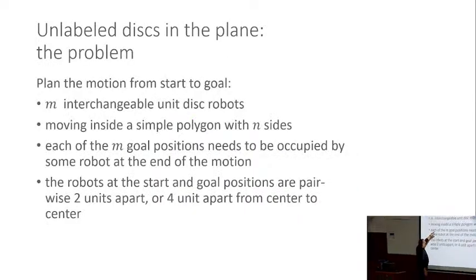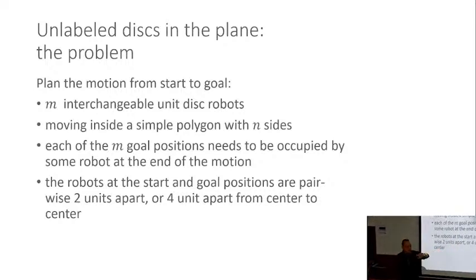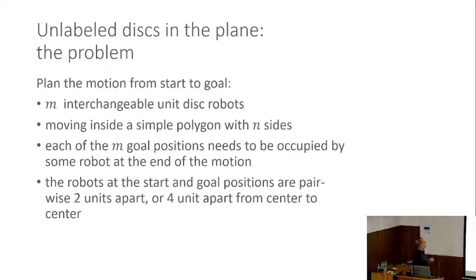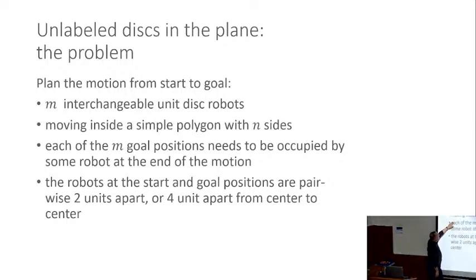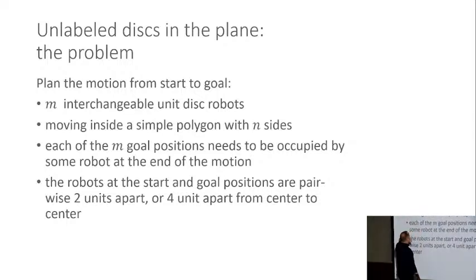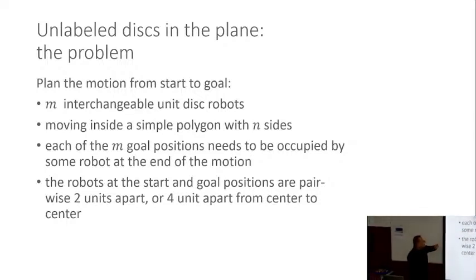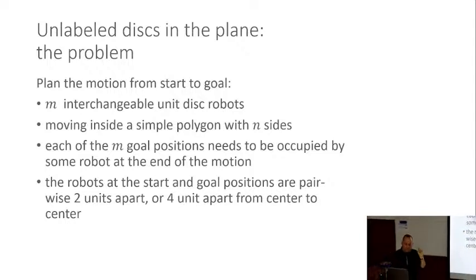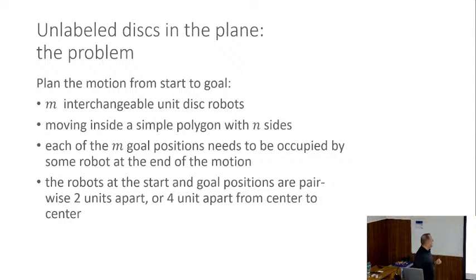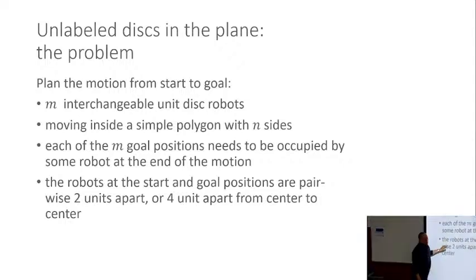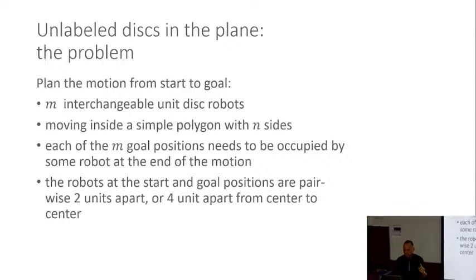I give you m interchangeable unit disk robots. They are moving inside a simple polygon with n sides. Each of the n goal positions needs to be occupied by one robot, but I don't care which at the end of the motion. And I make one extra condition.